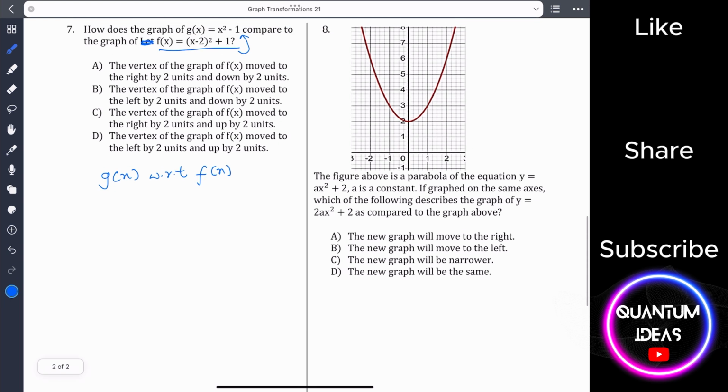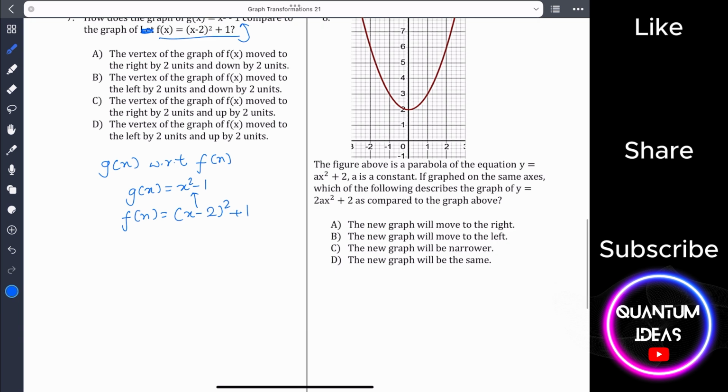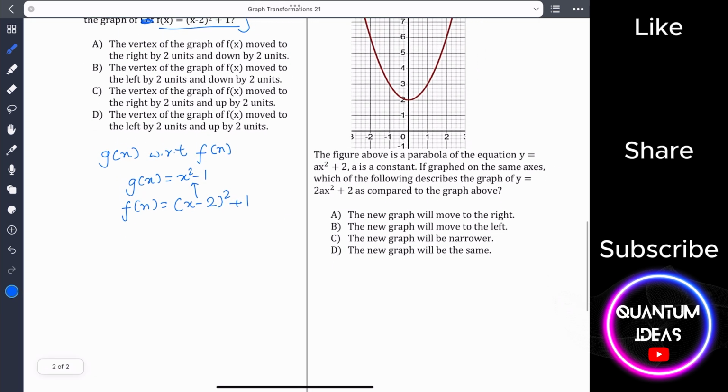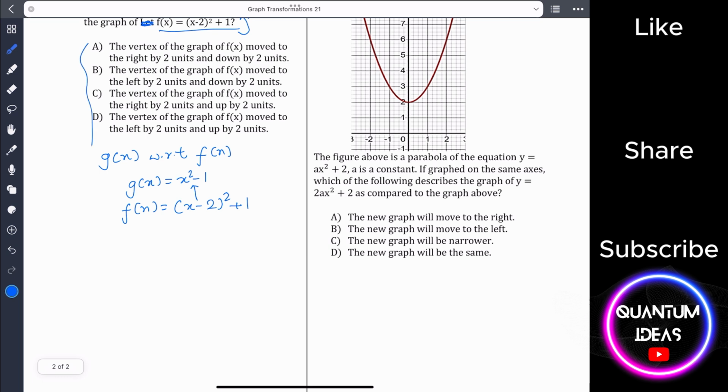Let me write: g(x) is basically x² − 1, and our f(x) is equal to (x − 2)² + 1. So we have to go from here to here and find out what transformation was there, and the options are in terms of transformation.